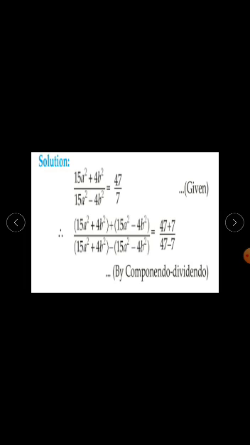Now first, a/b. Here it is given (15a² + 4b²)/(15a² − 4b²) = 47/7, and you have to find a/b.